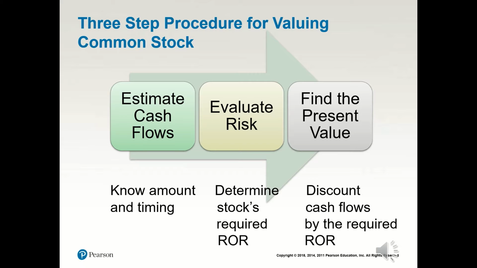And step 3 is to calculate the present value of the expected dividends by discounting them back to the present at the stock's required rate of return. So we're estimating the cash flows based on the risk of the stock and finding the present value.